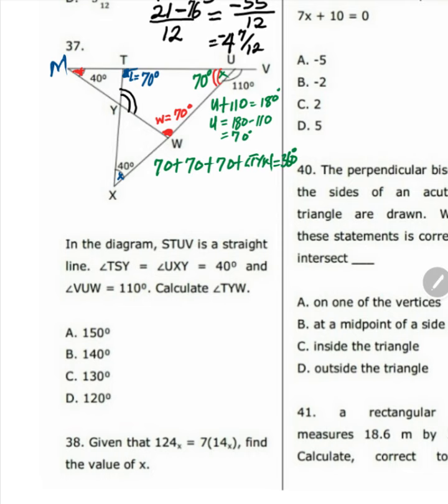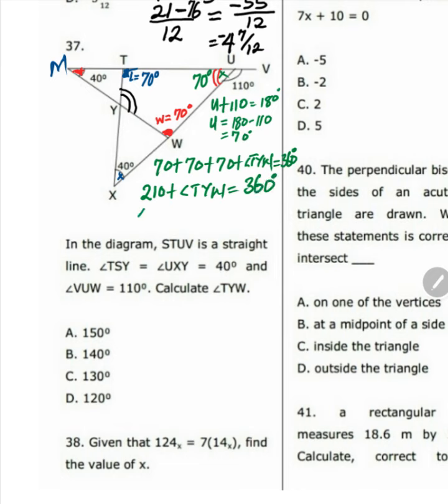Sum of angles in a quadrilateral, that is the sum of interior angles of a quadrilateral. So 70 plus 70 plus 70 is 210 plus angle TYW to give us 360 degrees.